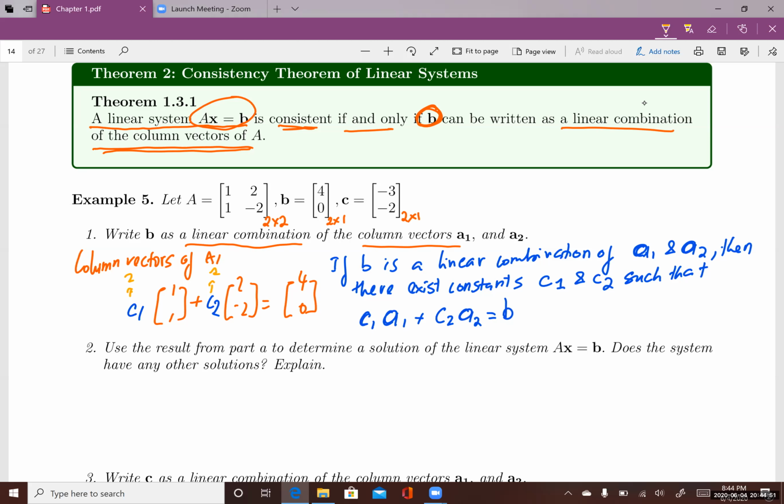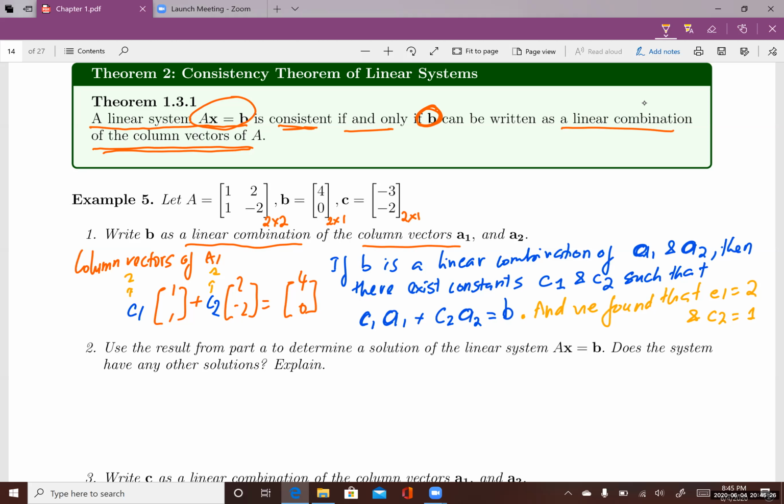So since I could find C1 and C2 easily by guessing, I know that C1 equals 2 and C2 equals 1.